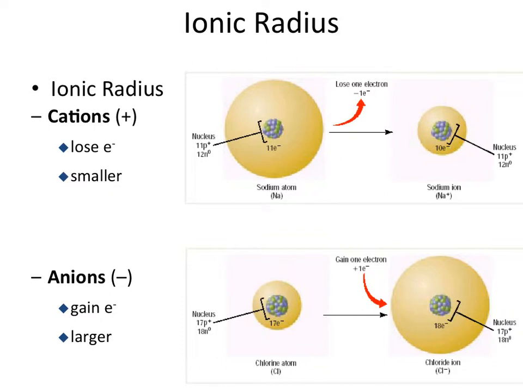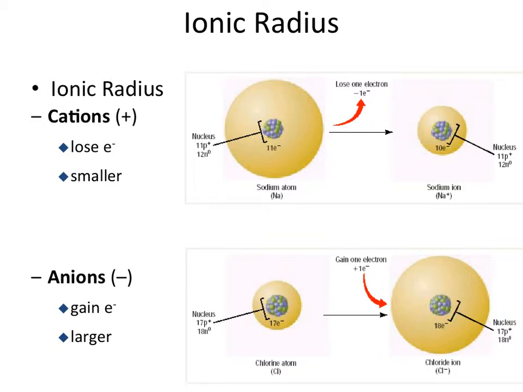Because number of protons is what determines if it's a sodium atom or a sodium ion. So 11 protons is going to remain constant throughout this process. However, when ionization occurs, when sodium loses that electron, instead of having 11 electrons to interact with, it now only has 10 because it's lost that one. So now these 11 protons are pulling on only 10 electrons.